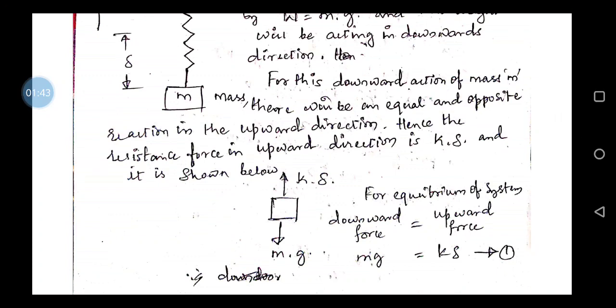For this downward action of the mass, there will be an equal and opposite reaction in the upward direction. Hence, the resistance force which is acting in the upward direction is K into delta, where K is the stiffness of the spring and delta is the expansion that has taken place after attaching the mass at the free end.